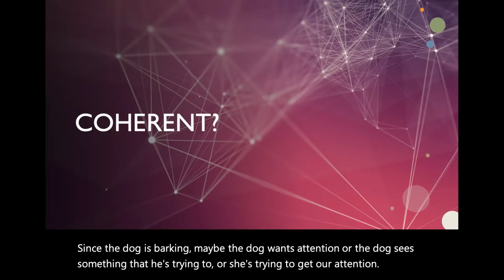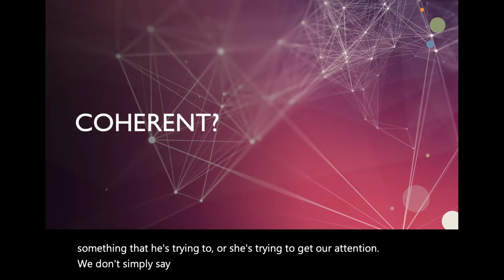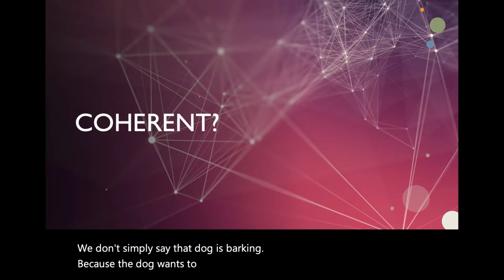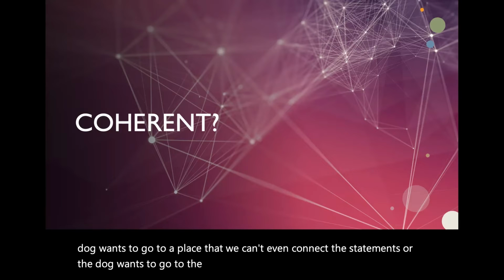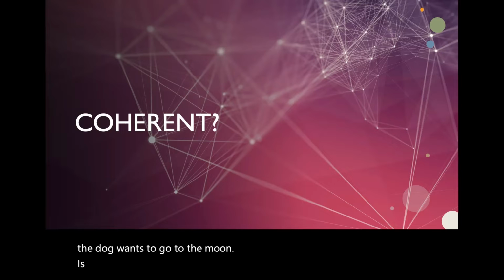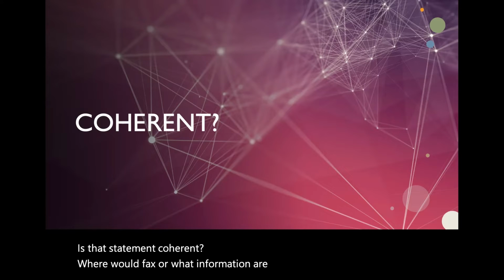We don't simply say that dog is barking because the dog wants to travel or the dog wants to go across seas or the dog wants to go to a place that we can't even connect the statements. Or the dog wants to go to the moon. Is that statement coherent? What facts or what information are we using to make those statements?